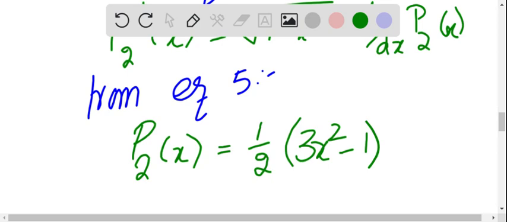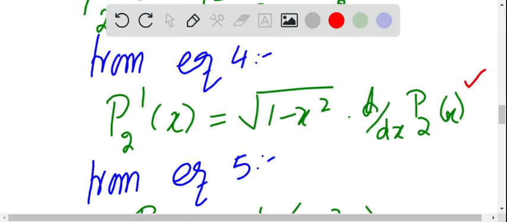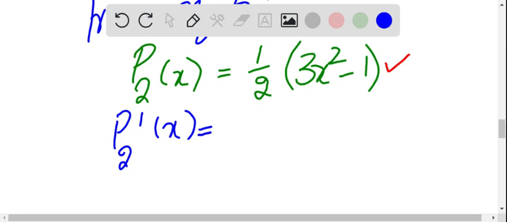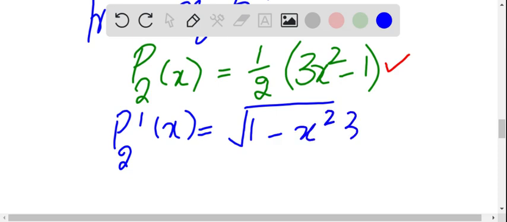So now what we are going to do over here is plug this value back over here, right? So we would get p sub 2 1 of x is equal to, again I'm not going to do the math, I'm just going to write the end result, that would be under root 1 minus x squared, 3x, right?